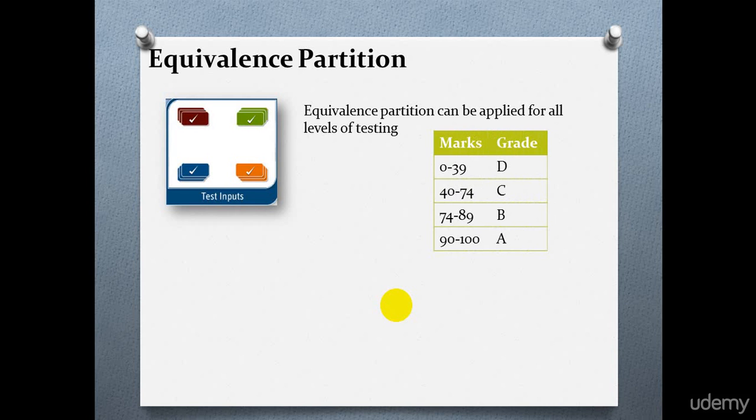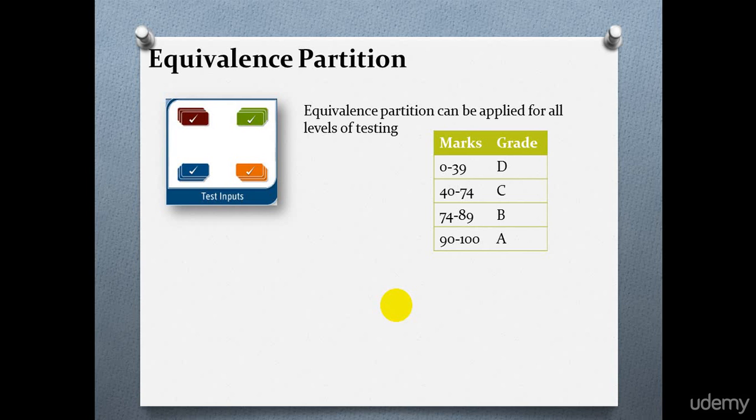Let's take an example. For example, consider an application which shows the grades of the students based on the marks. So here anyone scoring between 0 to 39 is grade D, 40 to 74 is grade C, 74 to 89 is grade B, and between 90 to 100 gets the grade A. Here whatever the mark range is specified can be considered as 4 partitions.